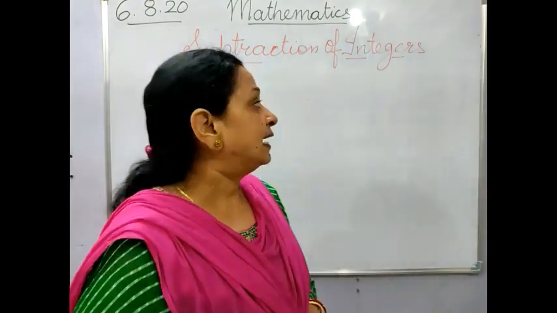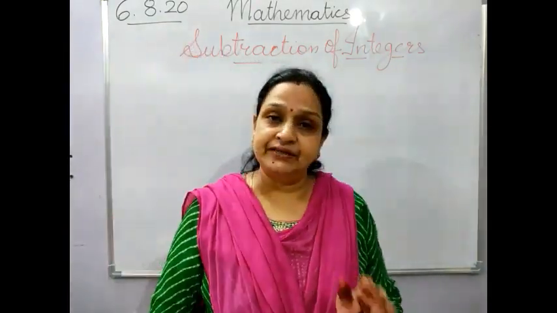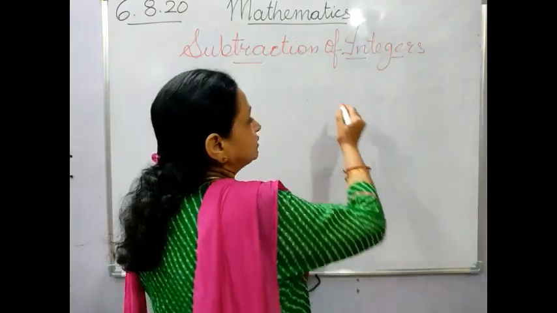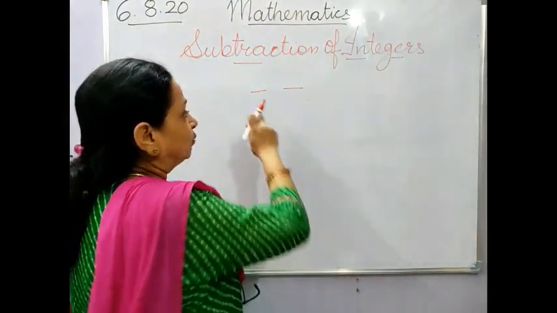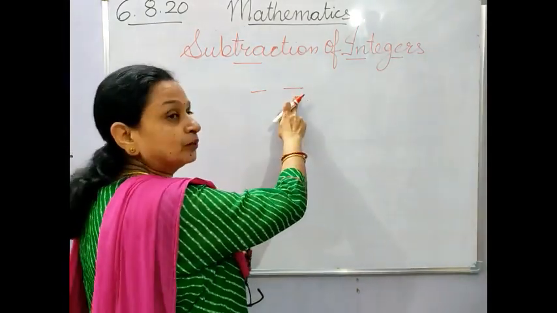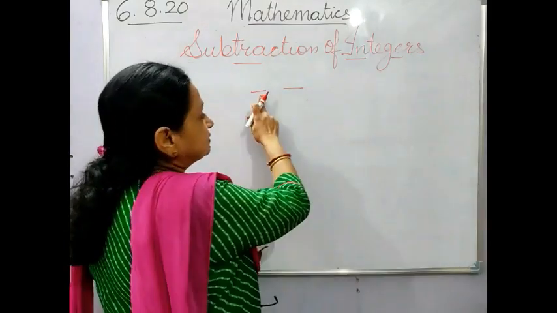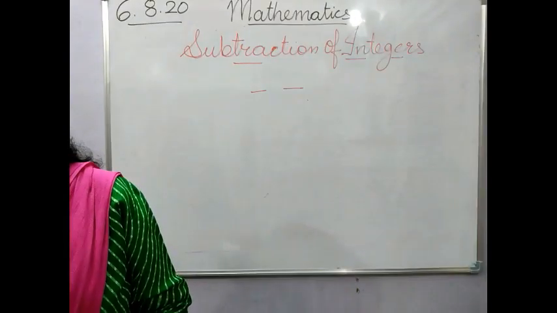For that method, first of all remember that there will be different signs and brackets. If there are two negative signs, one outside the bracket and one inside the bracket, when you open the bracket, this minus and minus will become plus.